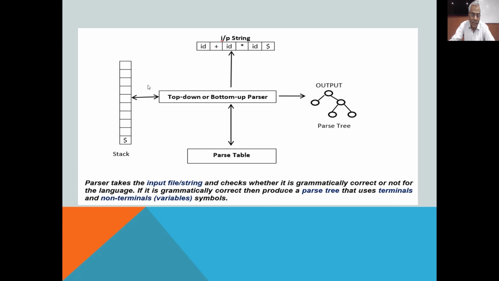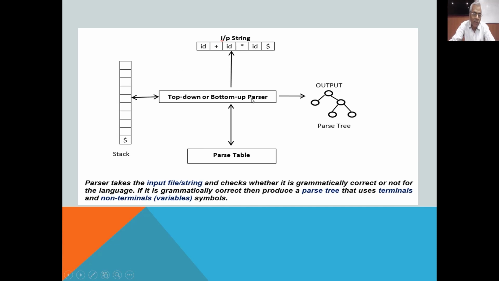From these components, stack, parse table, parser and input string, we produce a parse tree that is the output of this parser. This parse tree will be developed with the help of all these components.